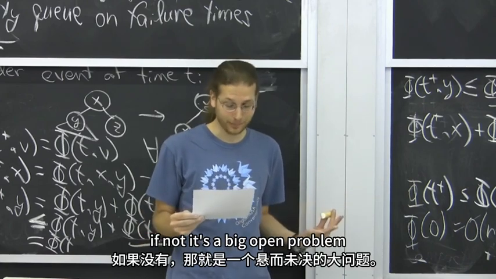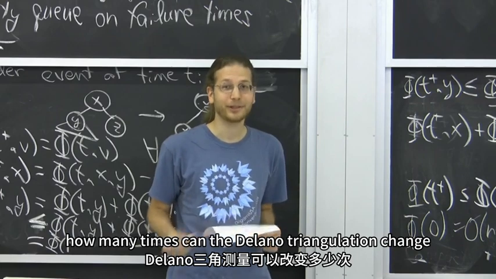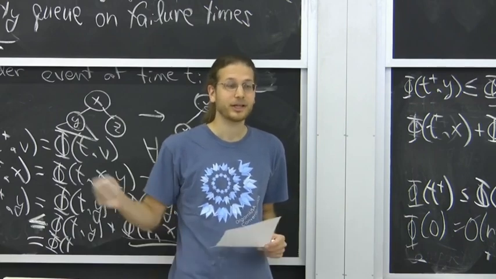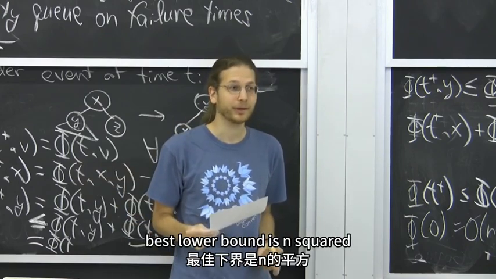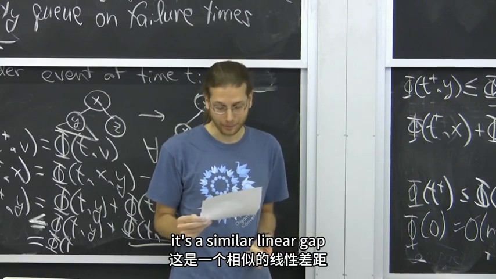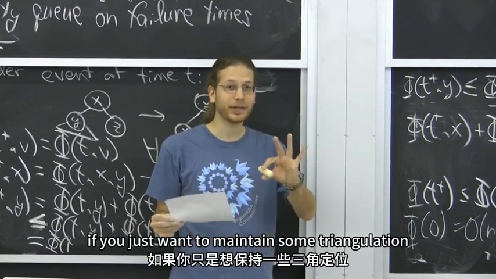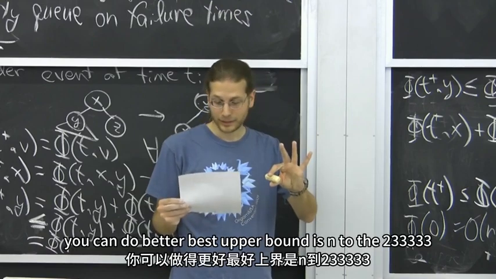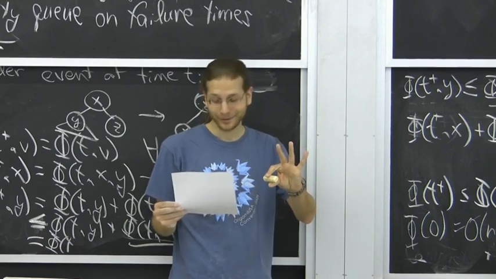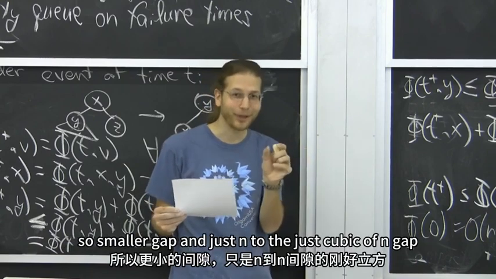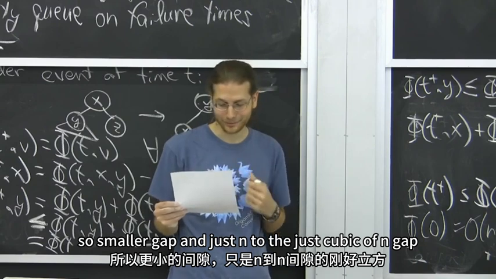If not, it's a big open problem. How many times can the Delaunay triangulation change if you have just points moving along straight lines? Best upper bound is n cubed, best lower bound is n squared. So similar linear gap. If you just want to maintain some triangulation on your points, you can do better. Best upper bound is n to the 2.33333. Best lower bound is n squared. So smaller gap, just a cube root of n gap.